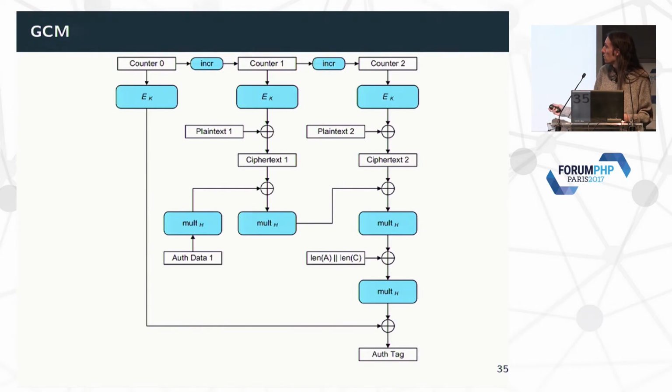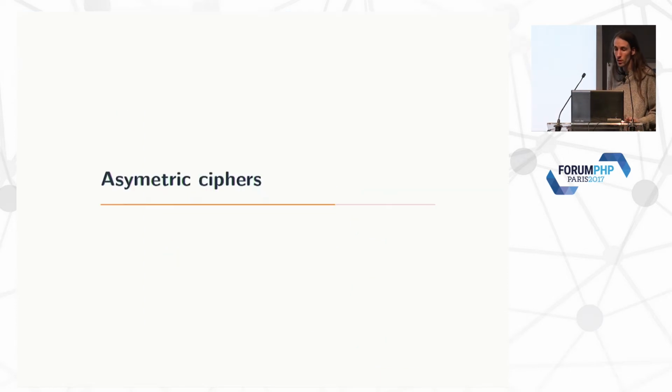And then when you've finished encrypting it, you get your ciphertext, and then you append an authentication tag, which your receiver can verify to make sure the message hasn't been tampered with.